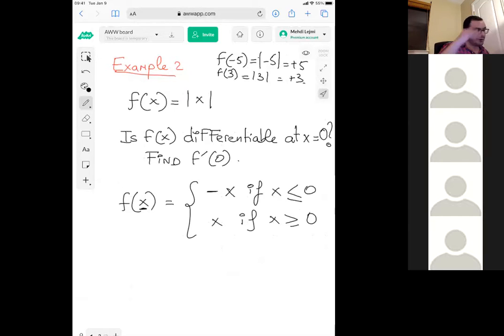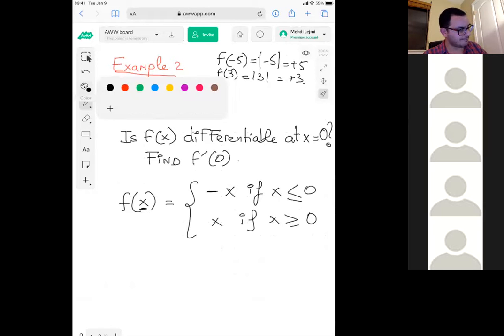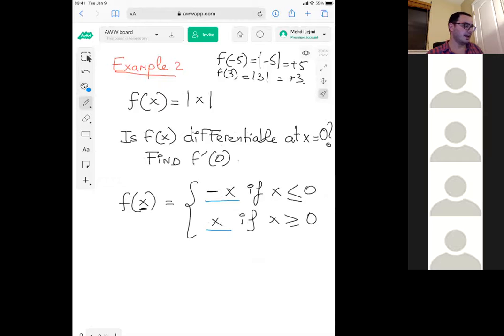So then, the question is: is f of x differentiable at 0? So you see the problem here. My function f is expressed by two different equations, right? I have the equation minus x. This is my first equation, and that's the condition here, if x is negative. And I have another equation, which is x, if x is positive.